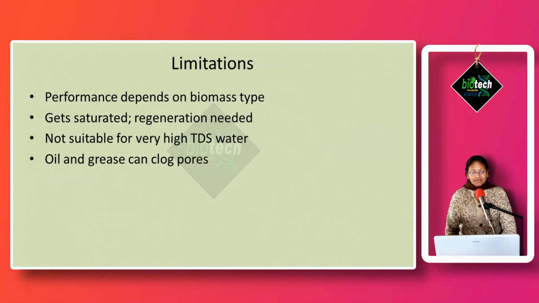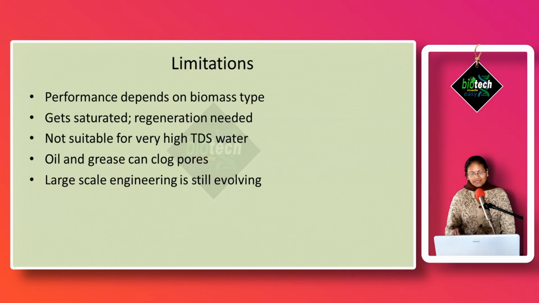Oil and grease can clog the pores, because we know that biochar has a very porous structure, which is a good quality of the biochar. But when there is lots of grease and oil present in the wastewater, it can clog the pores, it can block the pores, and then naturally its efficiency will be low.